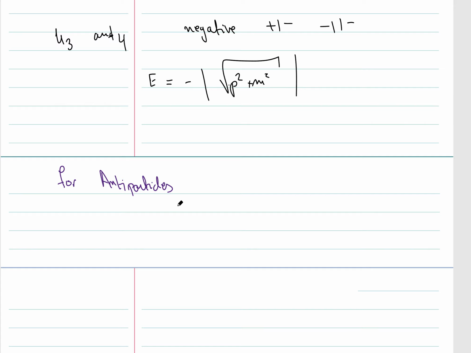U3 and U4 are negative energy particle spinors. These are spinors. U3 and U4 can be written as the physical positive energy antiparticle spinors. So basically, antiparticle spinors are the negative of these negative energy spinors.